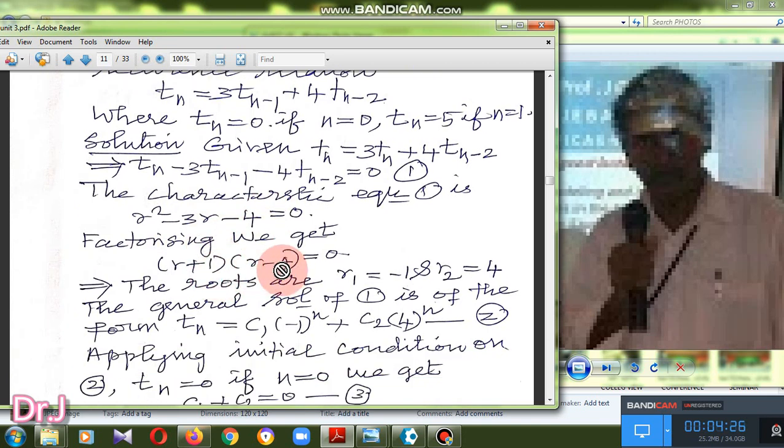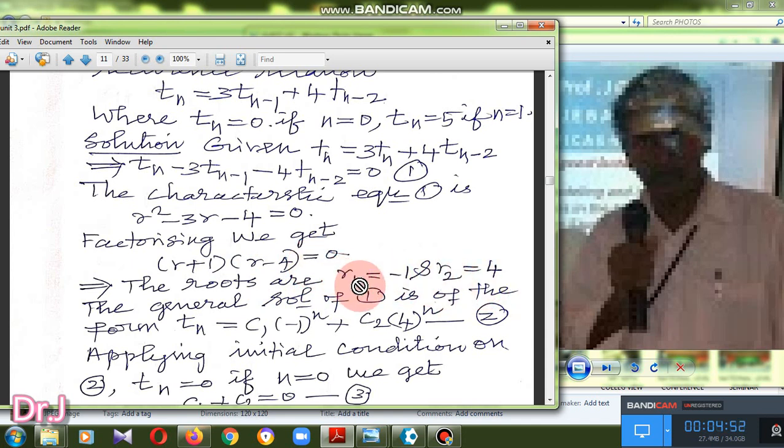Now let us find the roots. If the product is 0, then individually the factors must be 0. So we have r plus 1 equals 0, which implies r1 equals minus 1, and r minus 4 equals 0 gives us r2 equals 4.